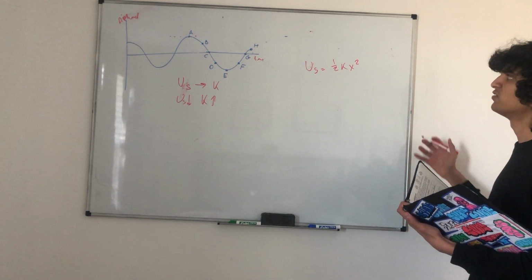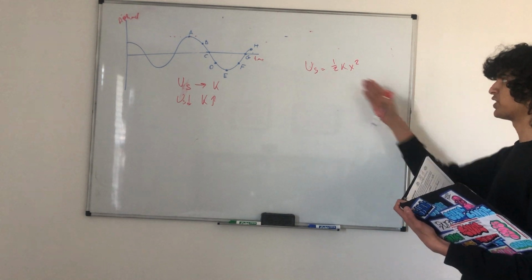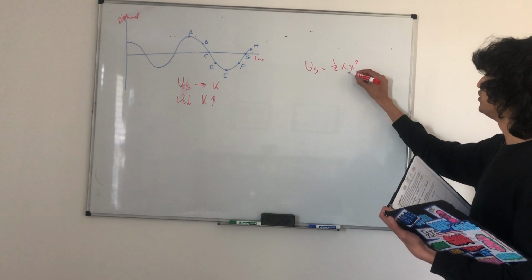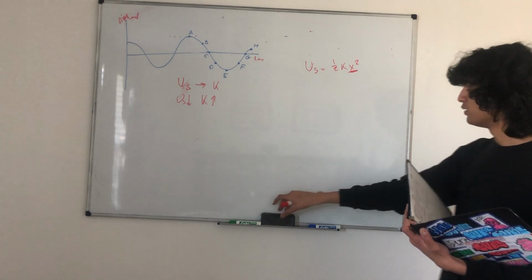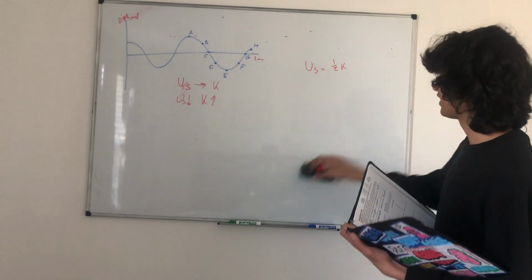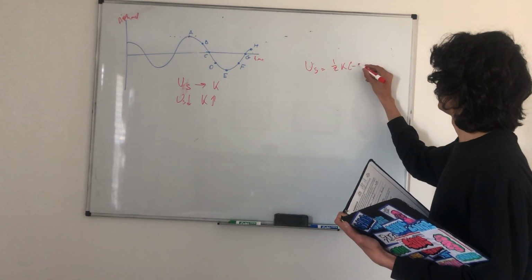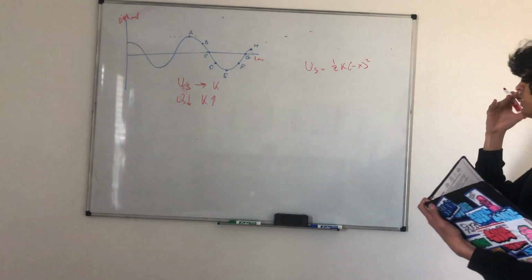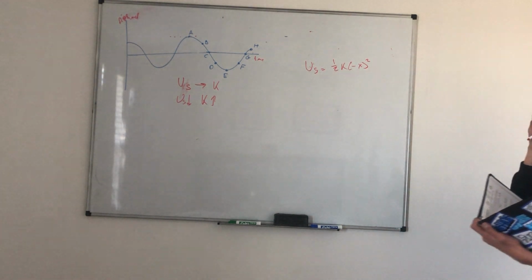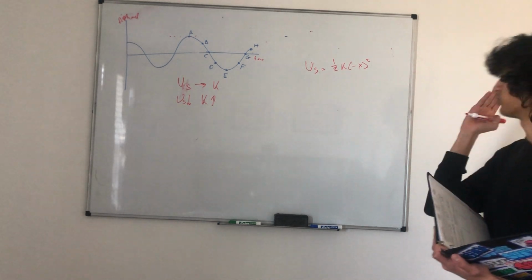So for U spring to be negative, x squared would need to be negative. But that's impossible, because when x is negative and you square it, you just get a positive. So mathematically, it's impossible to have negative U spring in this scenario.